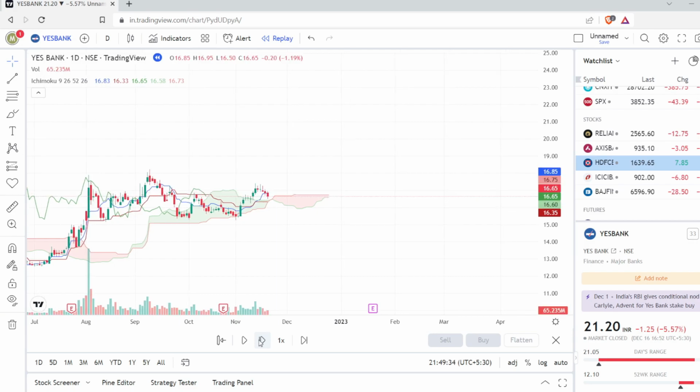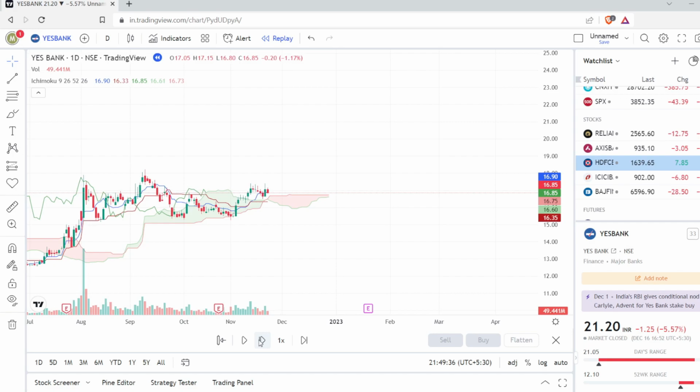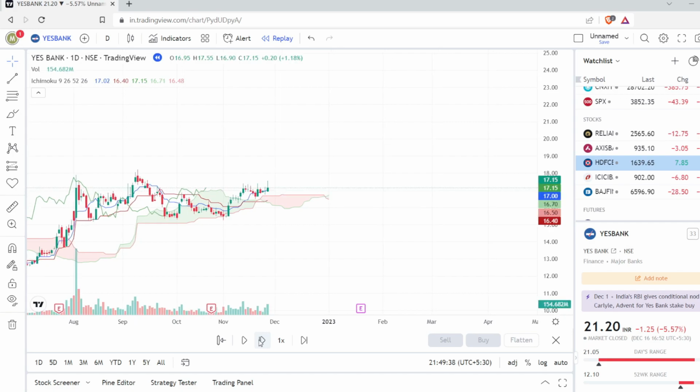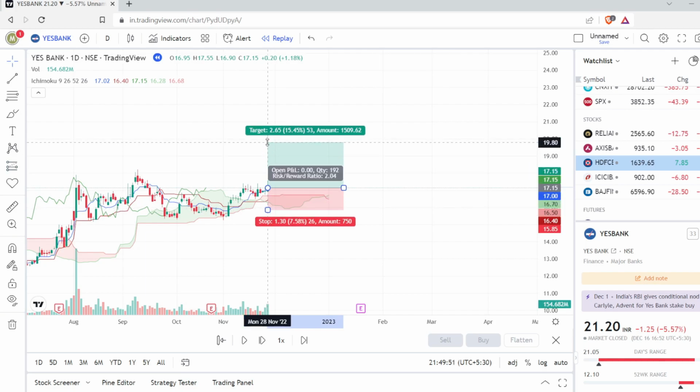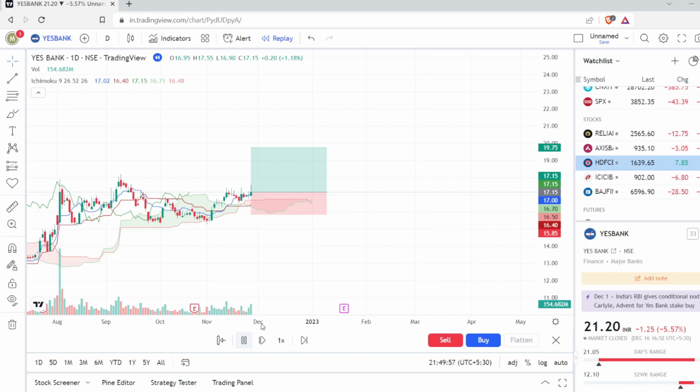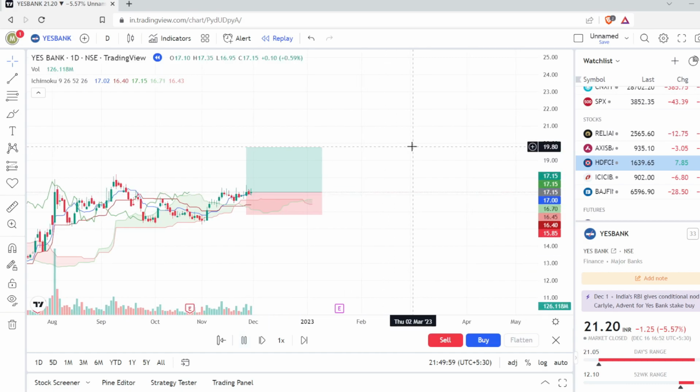Okay, on this day the Kumo cloud turned bullish, and taking a risk to reward of 2 would give us a 15% target. Let us see how it went up.